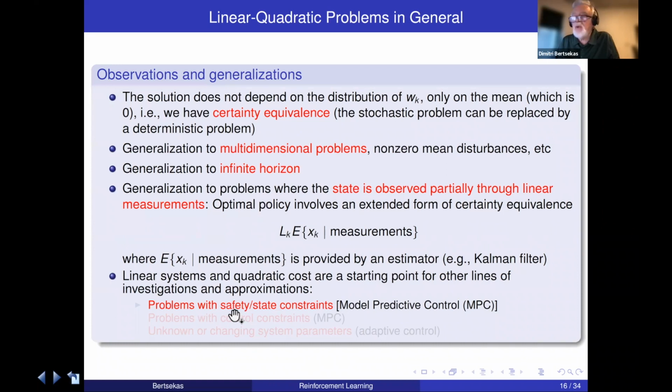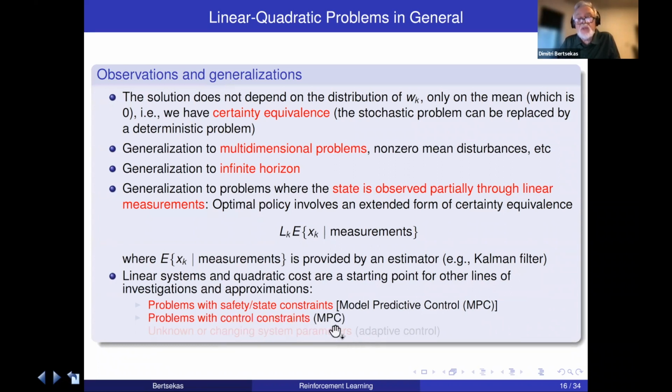Other constraints are that there may be obstacles that the car has to be able to navigate through. So all of this imposes state constraints and control constraints, which are part and parcel of many of the model predictive control problems, and require an extension of the linear quadratic formulation, which is quite substantial, but still linear quadratic formulations and results play a role.